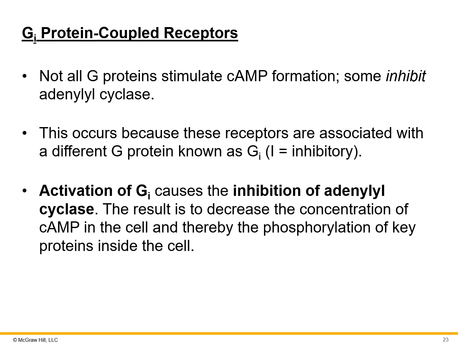Activation of Gi causes the inhibition of that next purple protein. The result is decreasing the concentration of cAMP in the cell, and thereby the phosphorylation of those key proteins that are going to cause the cellular response.